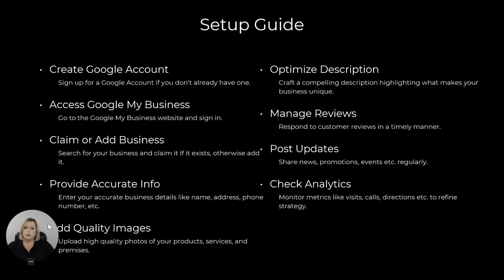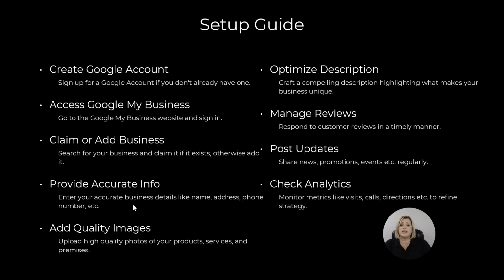What you want to start with first and foremost is providing accurate information: name, address, phone number, etc. The next step would be to add quality images. Good quality photos of your products, services, behind the scenes.